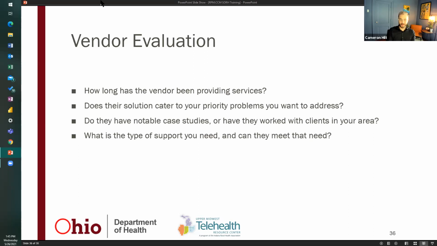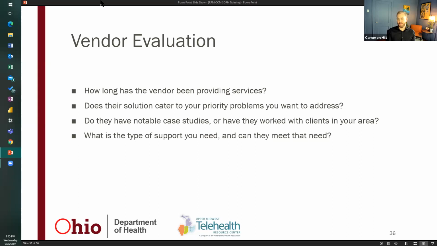to figure out if they're a good fit for you. The second is, does the solution cater to your priority problems you want to address? If you want to have an RPM or a CCM program that is focused on congestive heart failure, you need to make sure that vendor ultimately has a very good understanding or experience in implementing that type of solution for you.